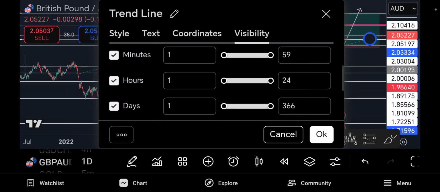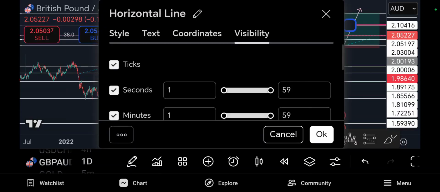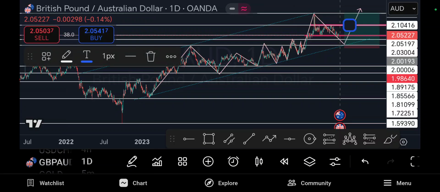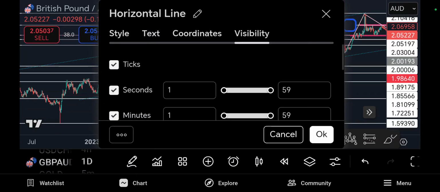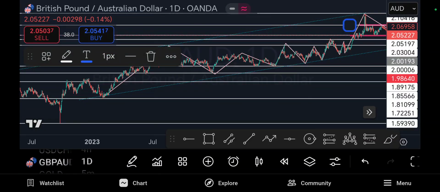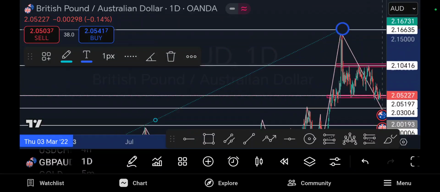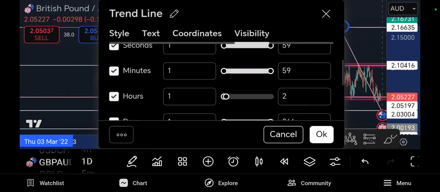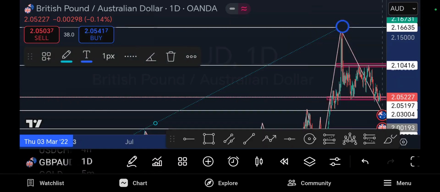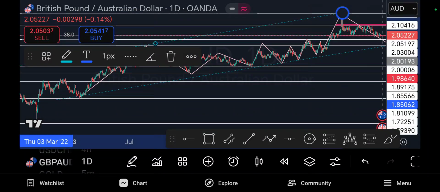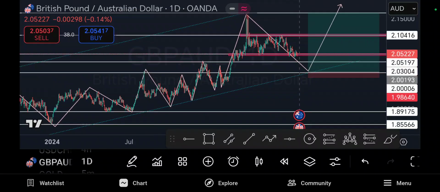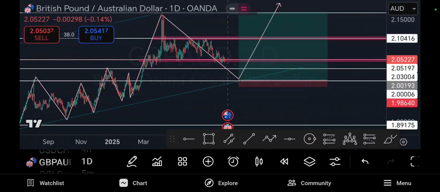My trend lines have to be there so that we can see. Okay, cool. Now my trend lines are back.